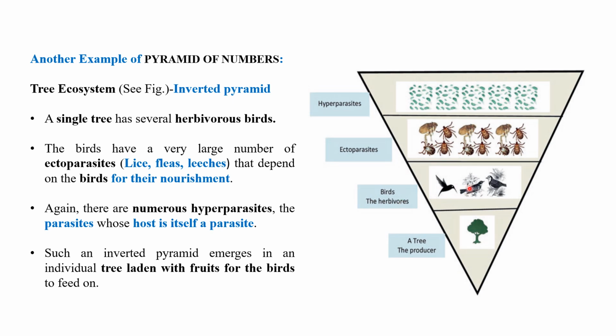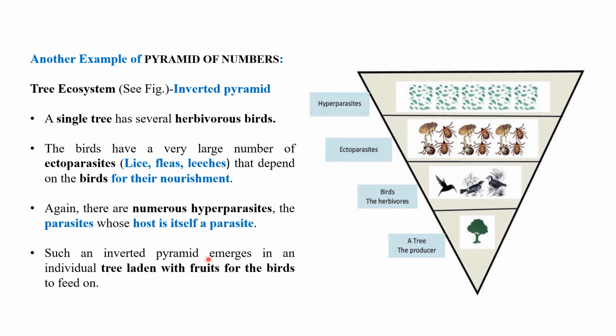These are the birds, herbivores, that depend on the birds for their nourishment. Again, the numerous hyperparasites: they are ectoparasites, they depend upon the birds. The hyperparasite is a parasite whose host is itself a parasite.